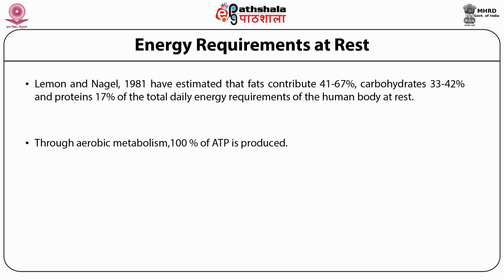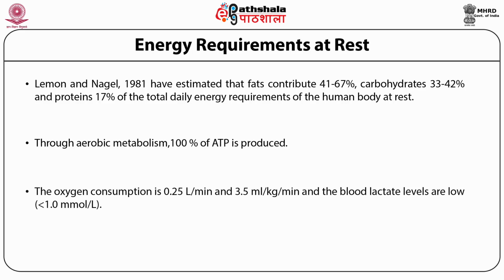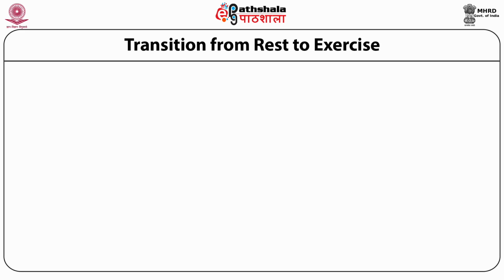Through aerobic metabolism, 100% of the ATP is produced. The oxygen consumption is 0.25 liter per minute and 3.5 milliliter per kg per minute, and the blood lactate levels are low. Let's understand the transition from rest to exercise.